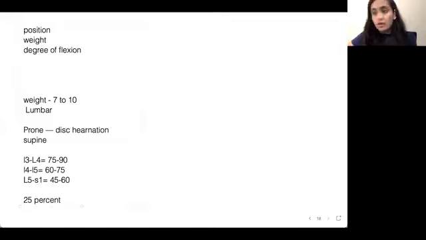I give you options: ankylosing spondylitis, rheumatoid arthritis with cervical atlantoaxial instability, and grade 1 spondylolisthesis. Now, what would you pick as something that I could allow myself to do traction on?